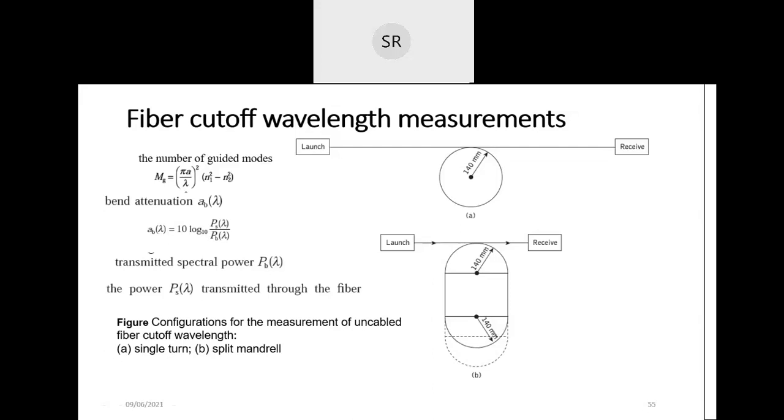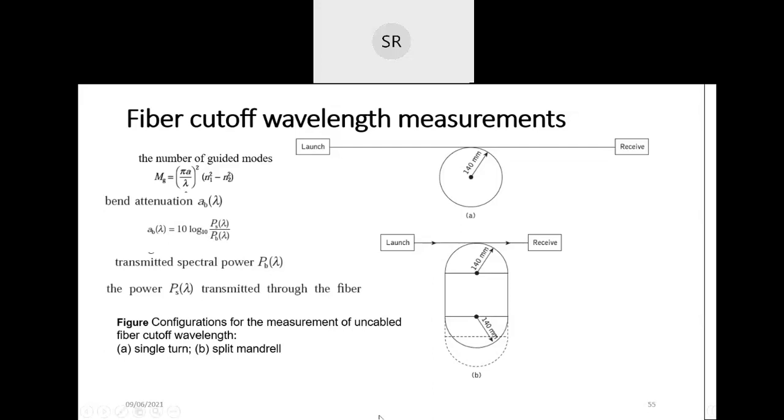But in the case of attenuation to be considered, we need to see that the LP11 mode is propagating through the fiber, and that LP11 mode depends upon the length of the fiber, its radius of curvature, and the effective cutoff wavelength. Then it will vary based on the optical fiber length as well as the curvature.